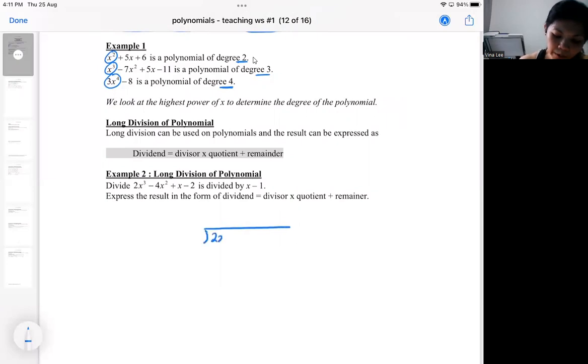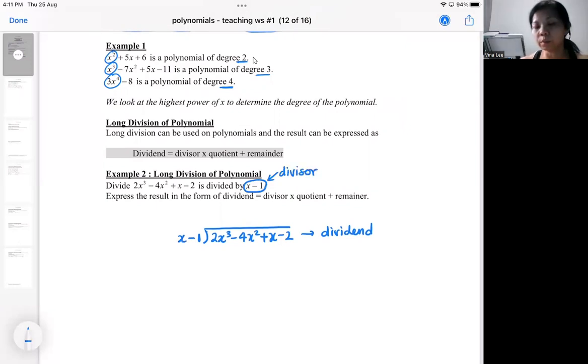The expression inside the long division is known as the dividend. Here we are going to divide by x minus 1, so this x minus 1 is the divisor. As we go through the long division, we will get something called the quotient, and we will get the remainder.